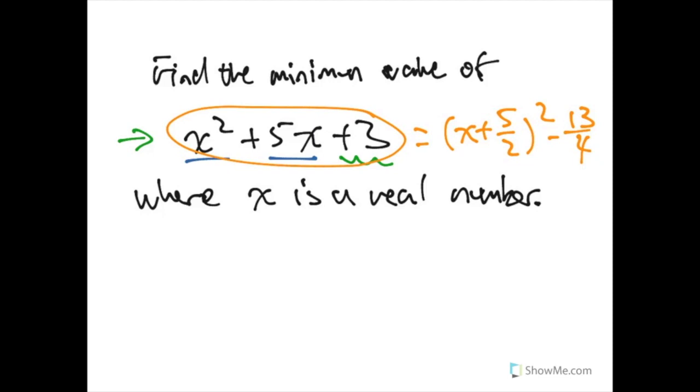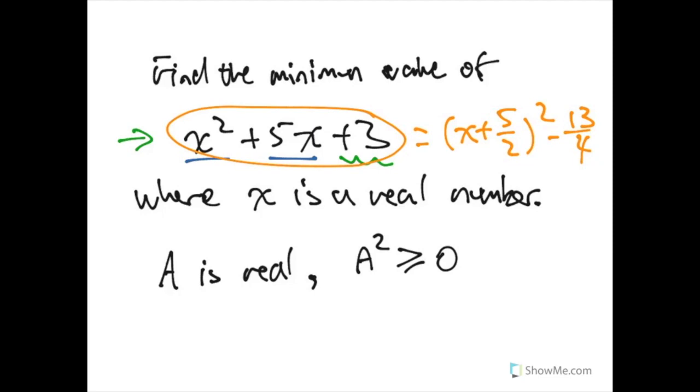There is a very important fact to be noted here, which is if you have anything, a, where a is real, then a squared is greater than or equal to 0. Because if a is greater than 0, then naturally a squared is greater than 0. If a is 0, then a squared is 0. And if a is less than 0, the negatives will cancel out, and so a squared will be greater than 0. So it doesn't matter what a is. If a is real, then a squared is greater than or equal to 0.